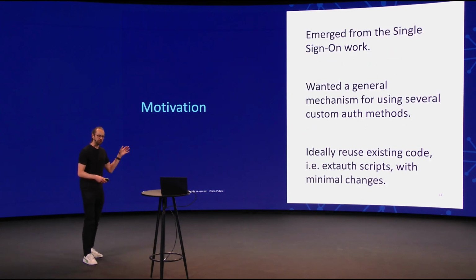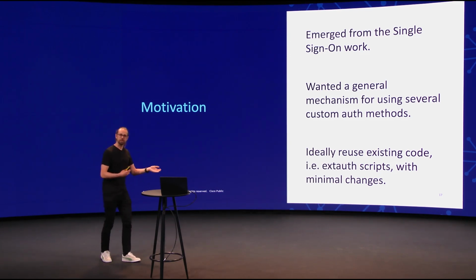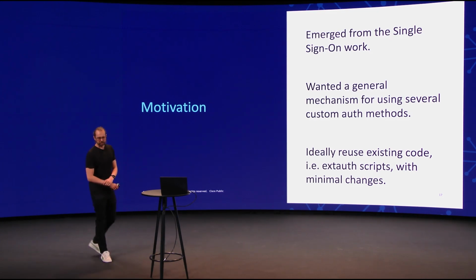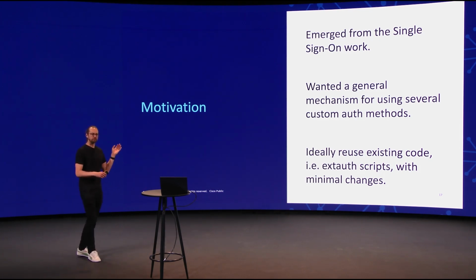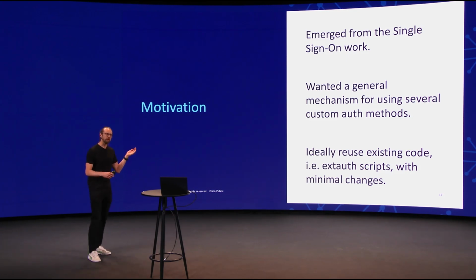So this work emerged during the single sign-on work, which you can come to my next talk after the break, and you can see the single sign-on feature presented. And what we wanted was a general mechanism for using several custom authentication methods and not just one, which you are limited to if you use the external authentication.